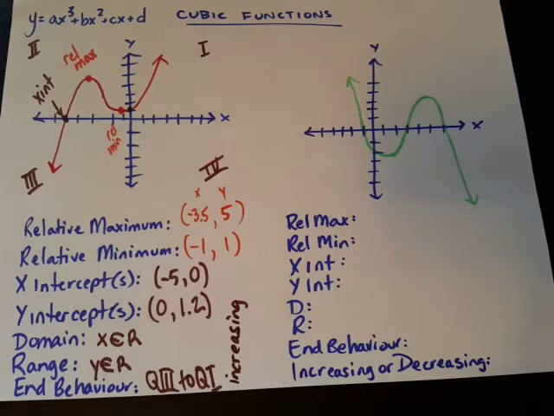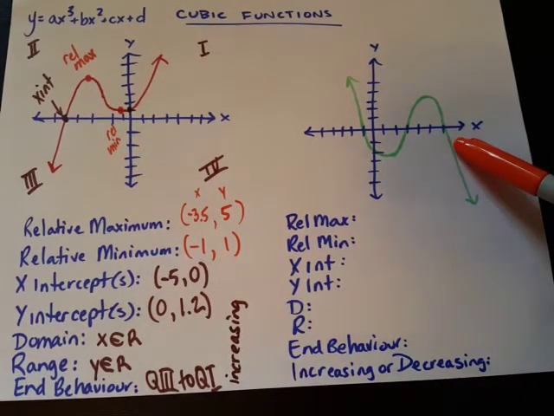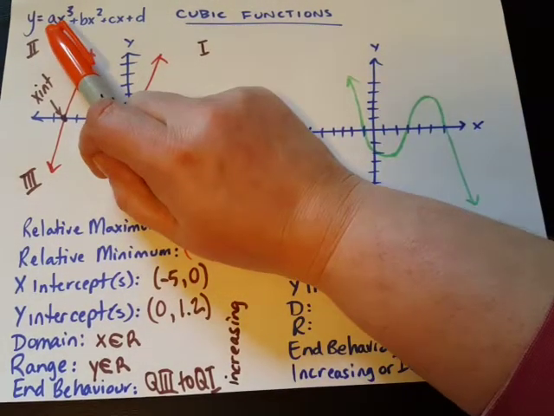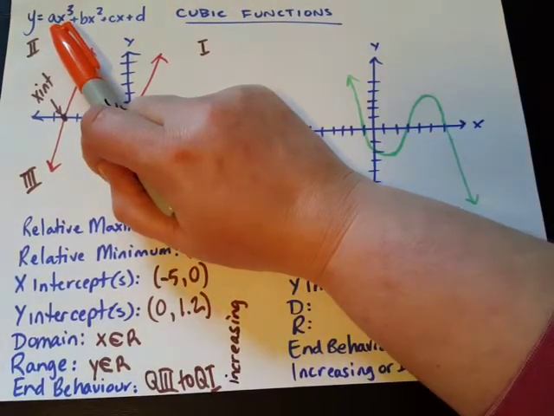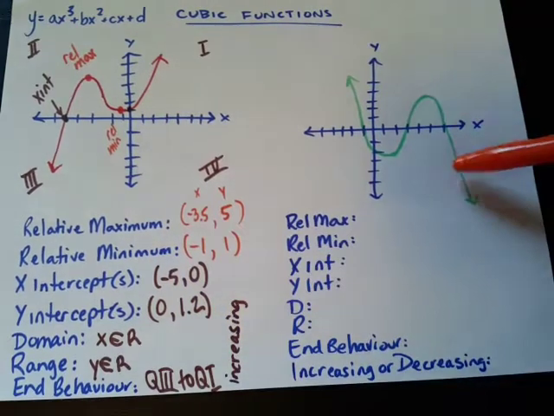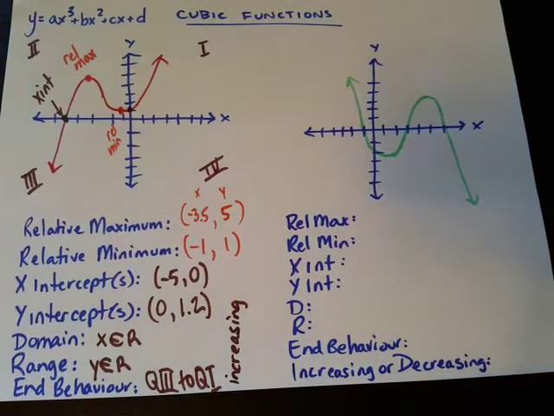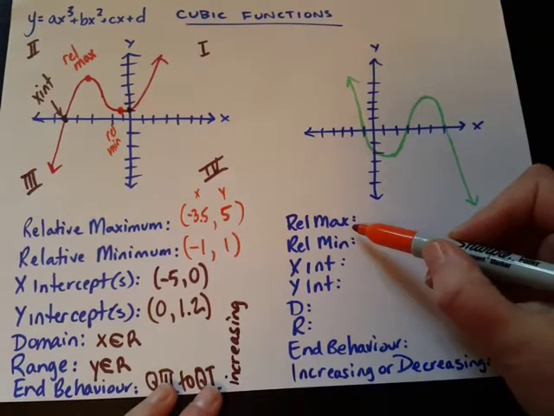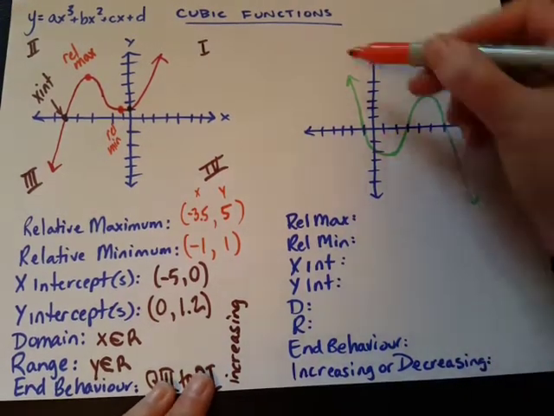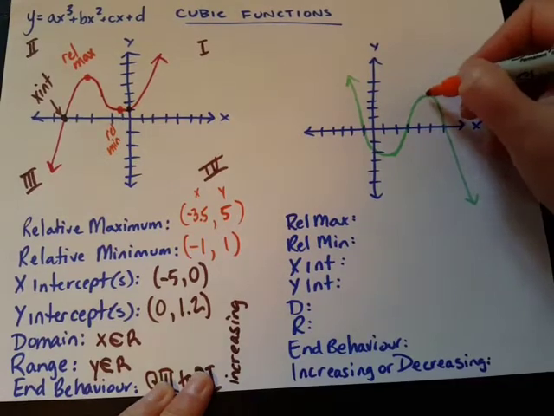Another form of the function could be looking like this. And this would be if, let's say, your a value was negative. If you had a negative coefficient out front, you'll end up looking like this. And so you're going to have a relative maximum, a high point on one of the hills.